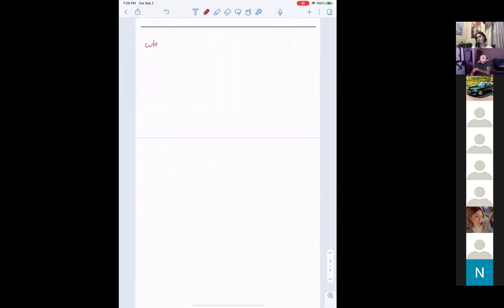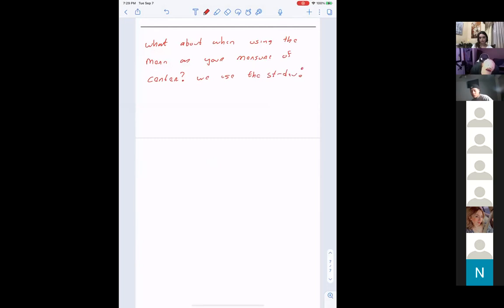So what about when using the mean as your measure of center? The answer we already said: we use the standard deviation.